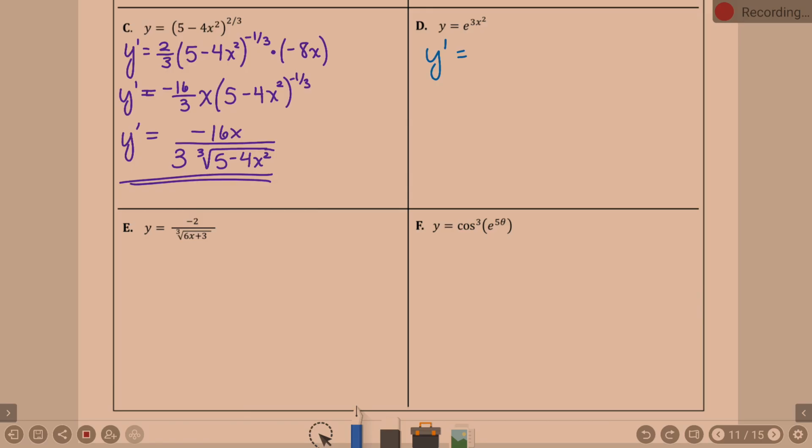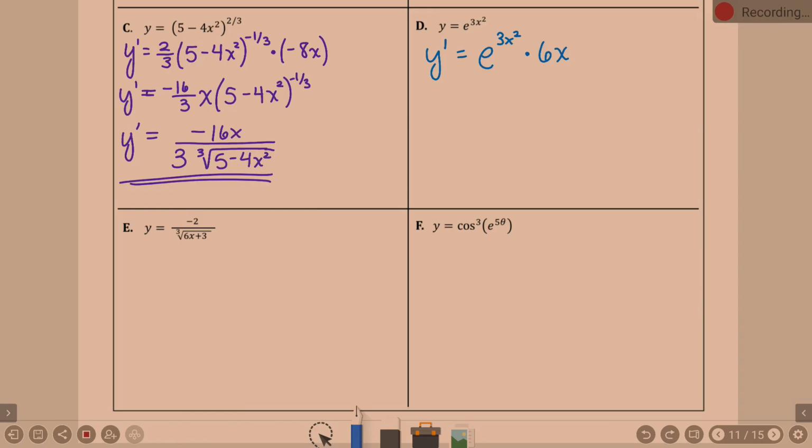Yeah. So how I think through this one, because I don't necessarily use what they have there, is I see e to some power. What's a derivative of e to some power? The derivative of e to the x is e to the x, so derivative of e to some power is e to that power. And then we have to say times the derivative of that power. And the derivative of 3x squared is 6x.